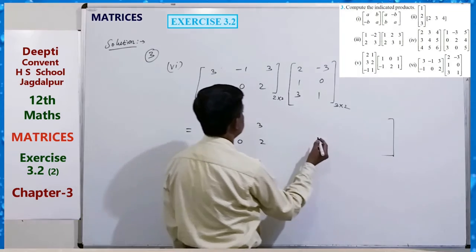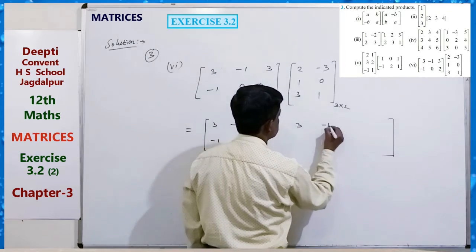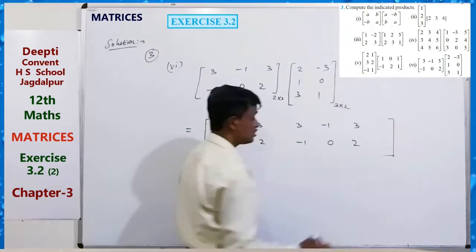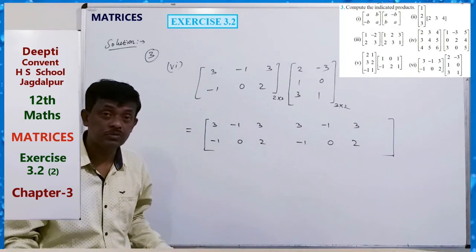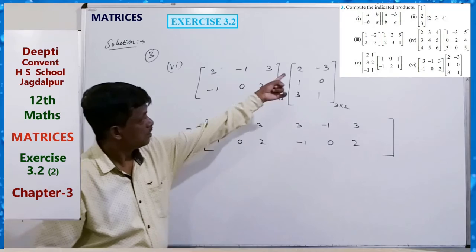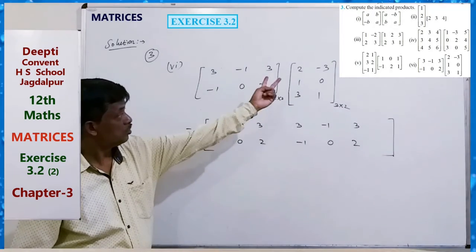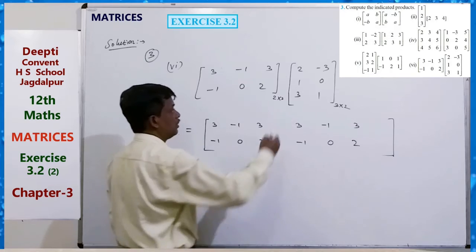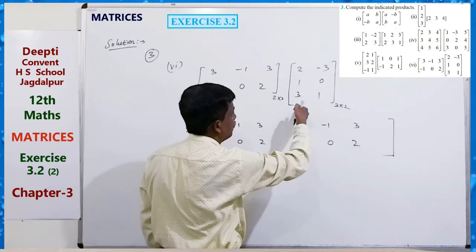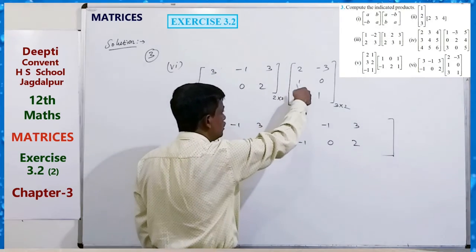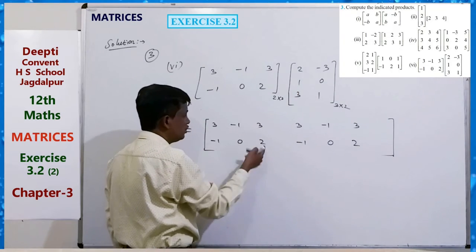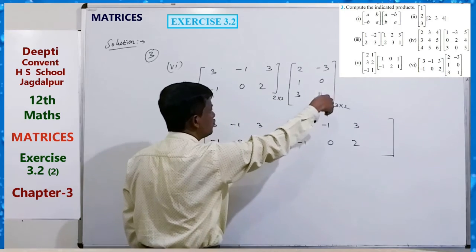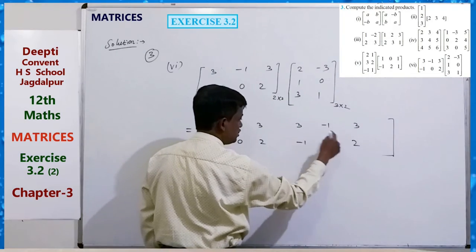Now taking the first column 2, 1, 3, here. The second column is minus 3, 0, 1.